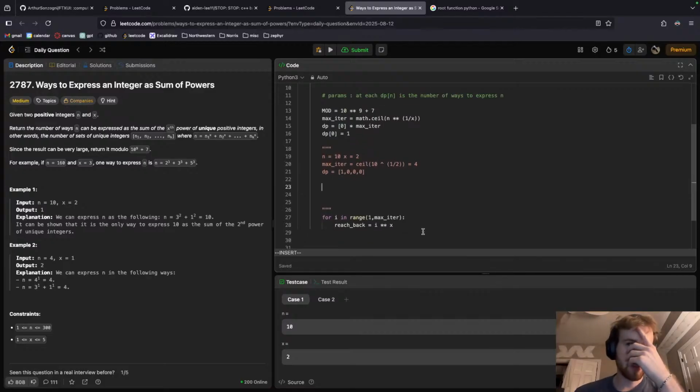So then we reach back 1 times x, so reach back equals 1. What are we doing with this value? It's like all values previous to it.